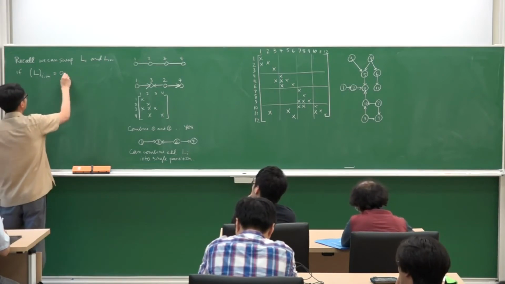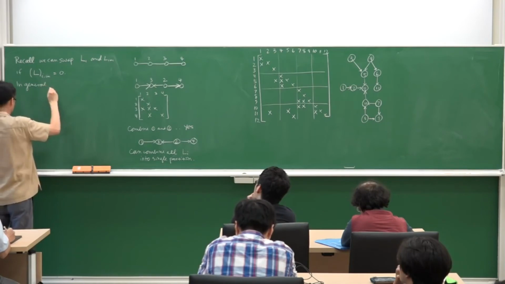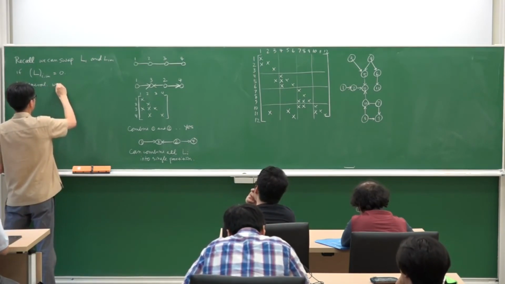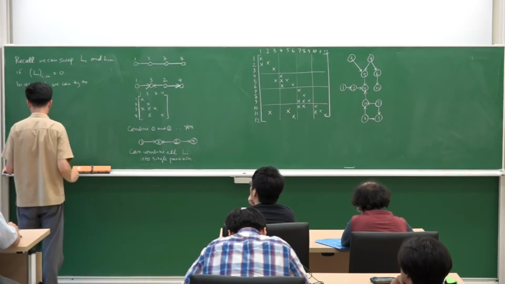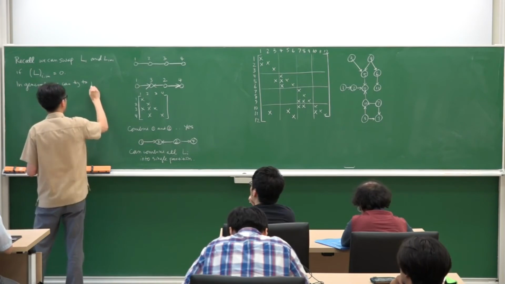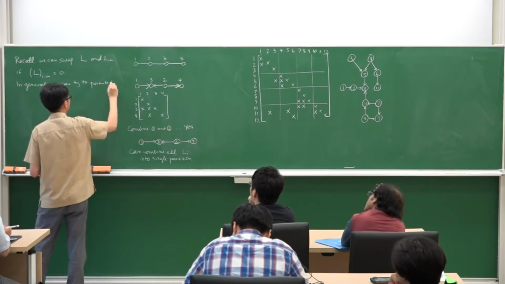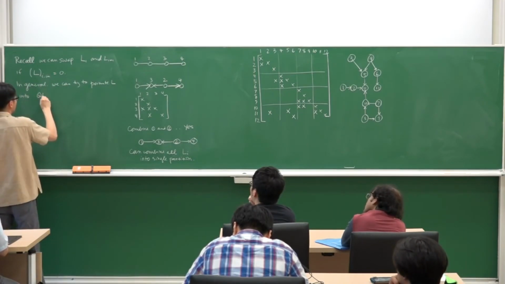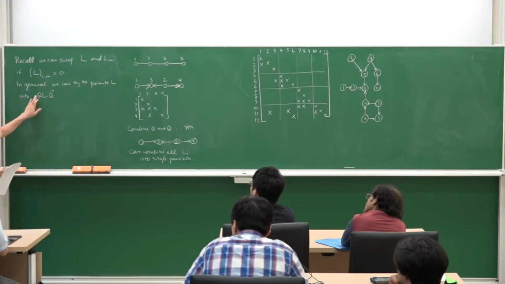So in general, we can try to permute or reorder L into Q L Q transpose, where Q is a permutation matrix.